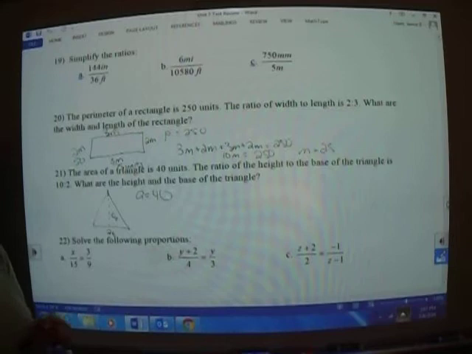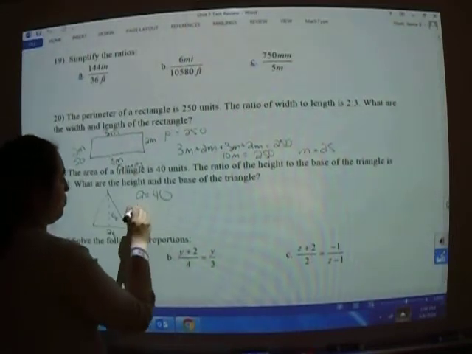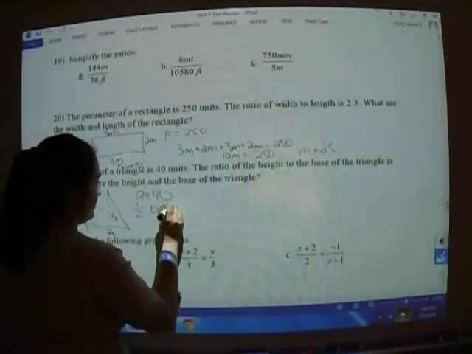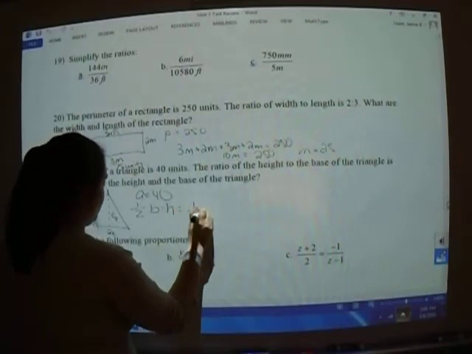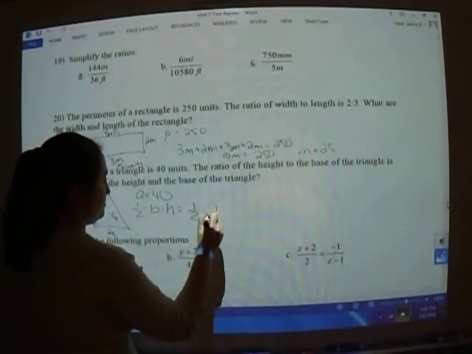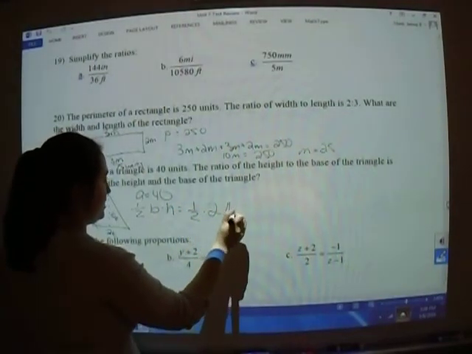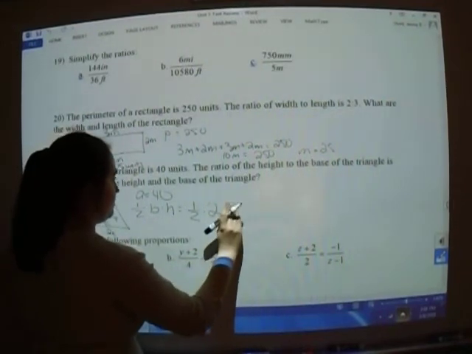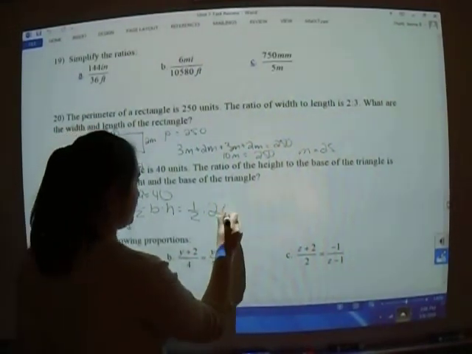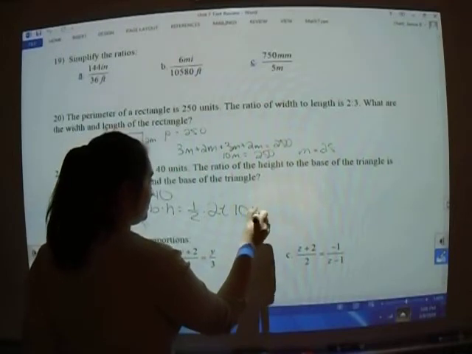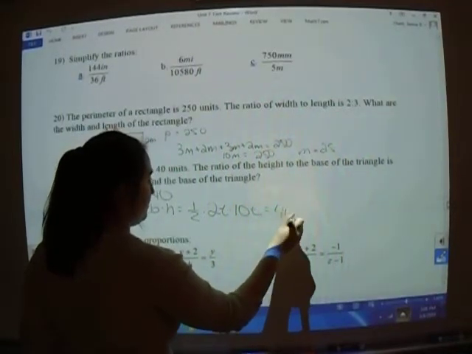In order to get the area of a triangle, it's 1/2 base times height. So we have 1/2 times 2t times 10t equals 40.